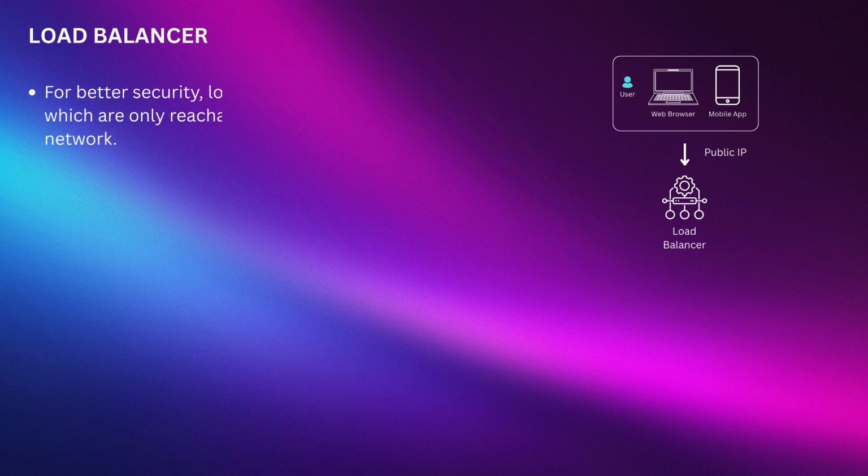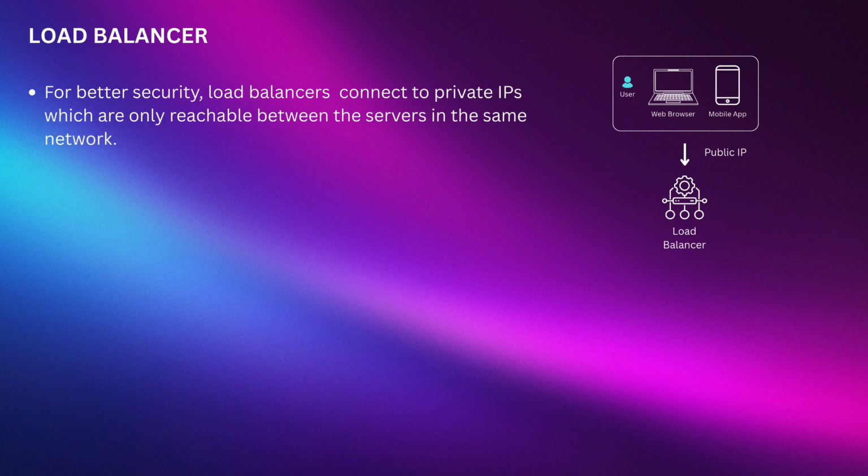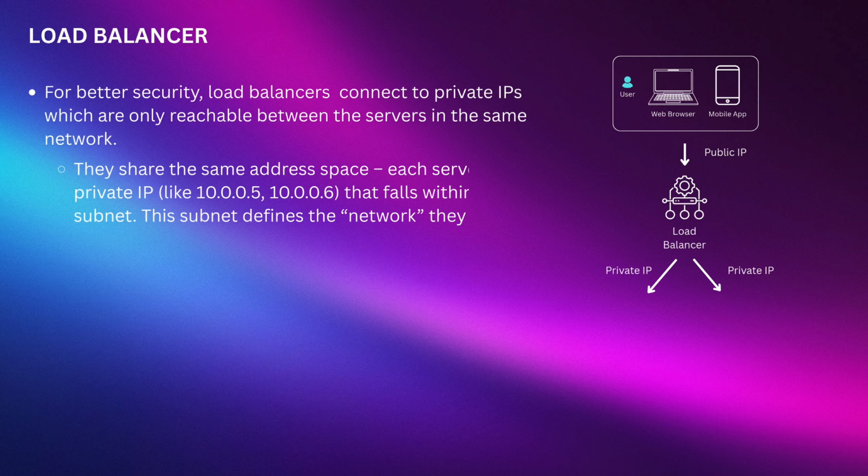Now, for better security, load balancers actually connect to private IPs, which are only reachable between the servers in the same network. When we say servers on the same network, we mean they are part of a private network where they share the same address space. Each server has a private IP that falls within the same subnet, and this subnet defines the network they belong to.